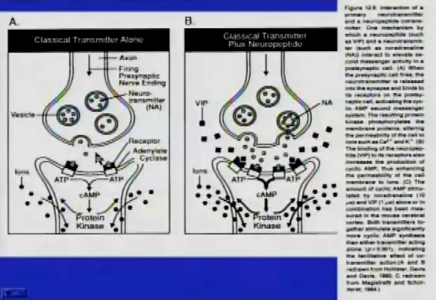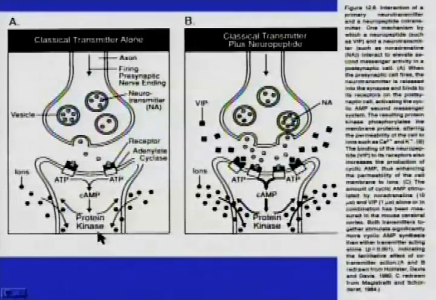So in this case, in panel A, we're seeing the classical transmitter alone with the vesicular release and the synaptic concentration determining the frequency or the likelihood of the receptor being ligated. The greater the frequency or probability of the receptor protein to be in the ligated state increases the likelihood that you're going to have adenylate cyclase activity enhanced. Adenylate cyclase converts ATP, of course, to cyclic AMP that through a cascade activates protein kinases.